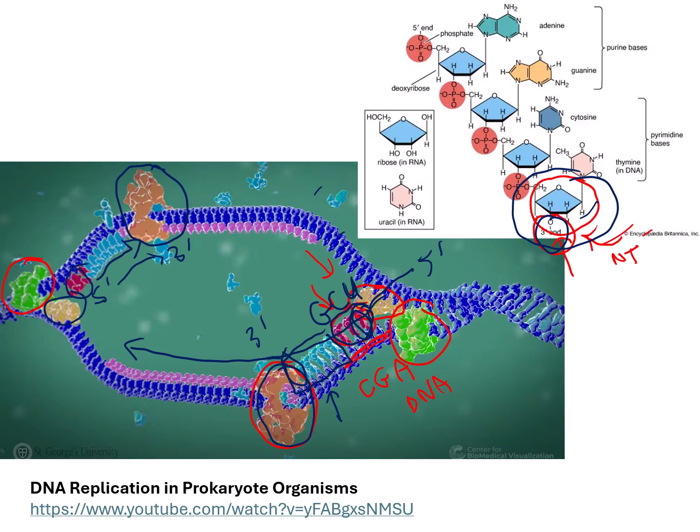Because the template strand has to be opposite, remember DNA is anti-parallel, for this dark blue DNA molecule this must be 3', and over here this must be the 5' end. The same thing is true over here. If my new strand is 5' to 3', this dark blue original template strand must be 5' on this end and 3' on this end.